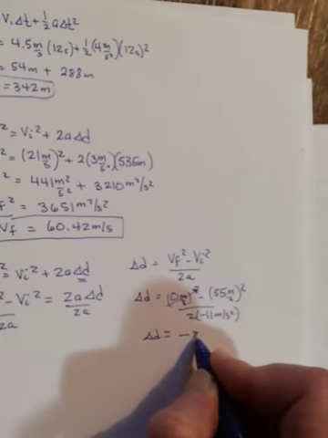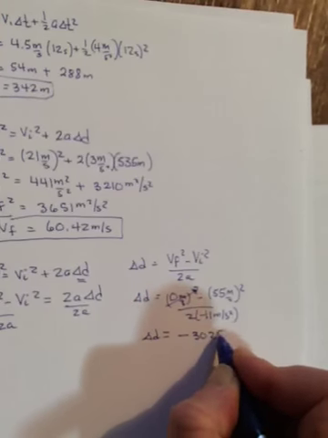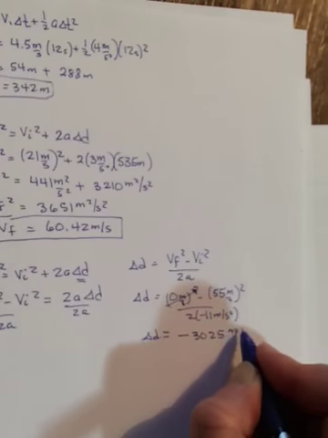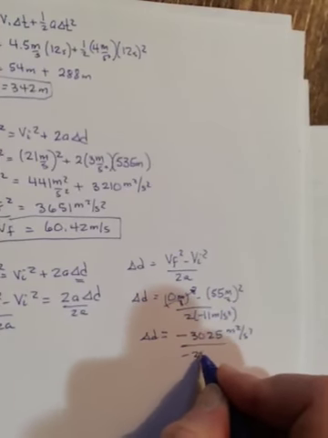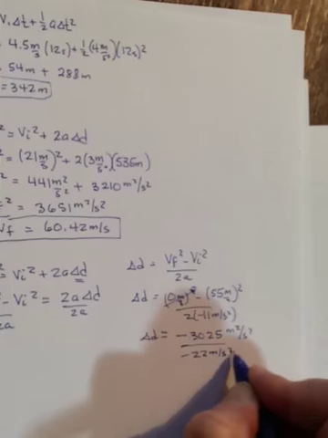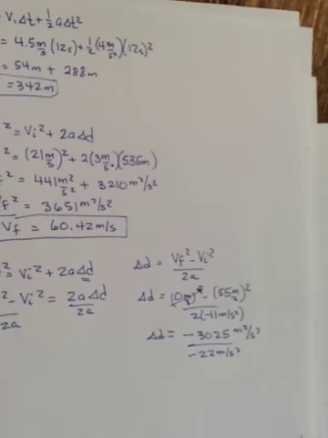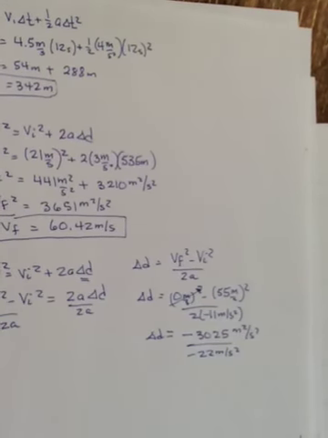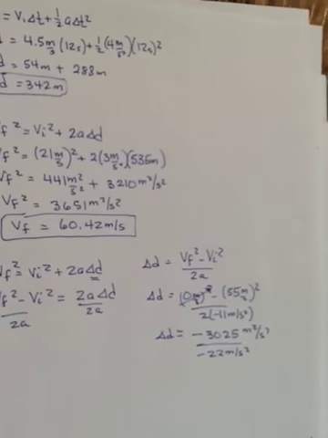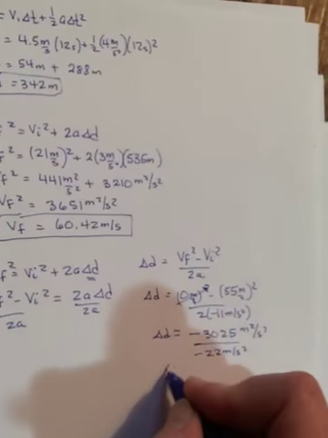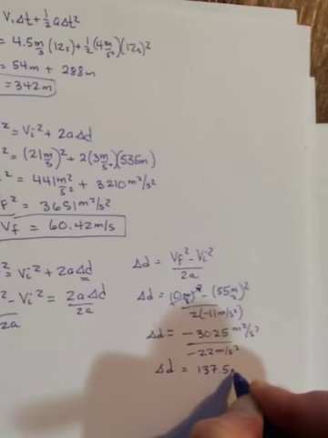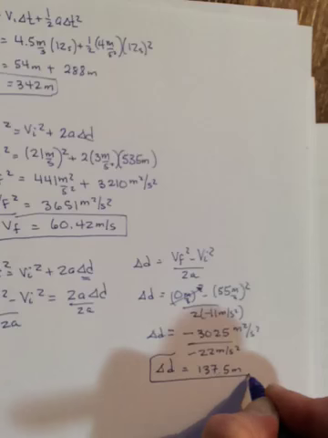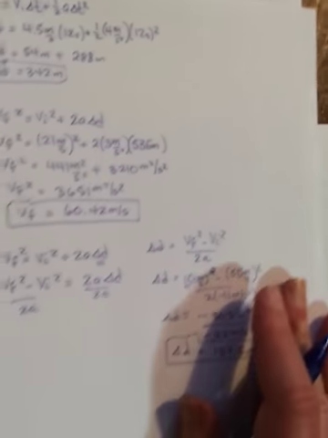So it'll be negative 3,025 meters squared per second squared, and on the bottom, negative 22. And when you divide the negatives, they cancel, and you should get 137.5 meters. Okay, number 3, done.